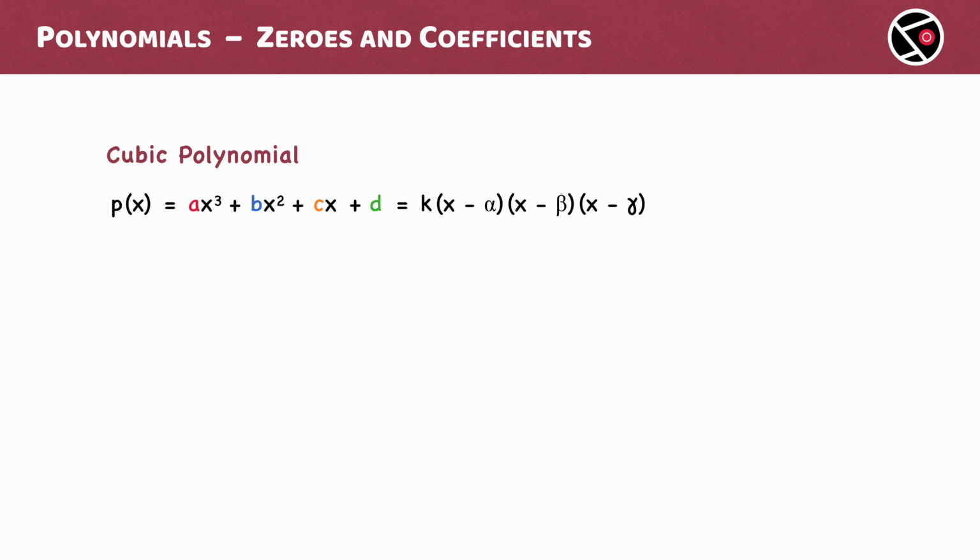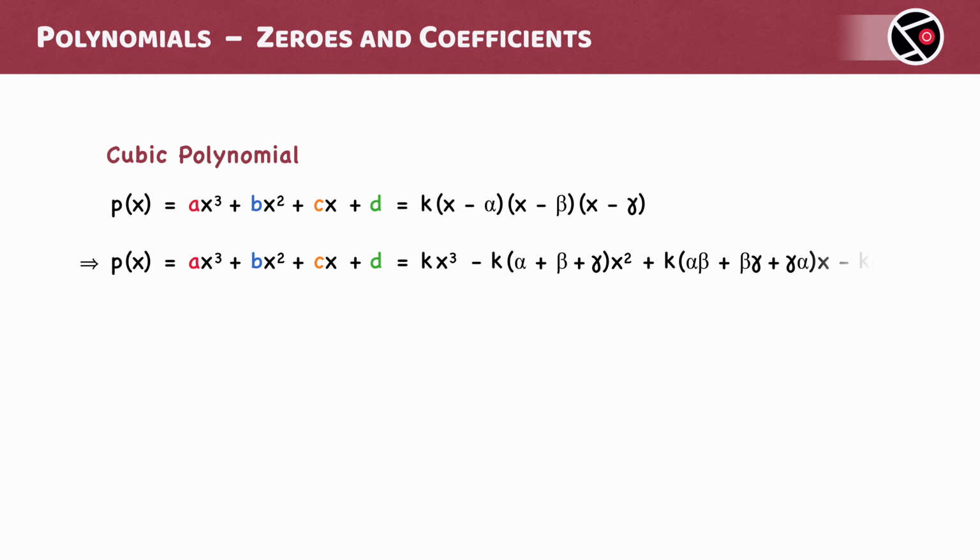Now we can expand the right-hand side. Next, we compare the coefficients on both sides. And this gives us three equations relating the zeros and the coefficients.